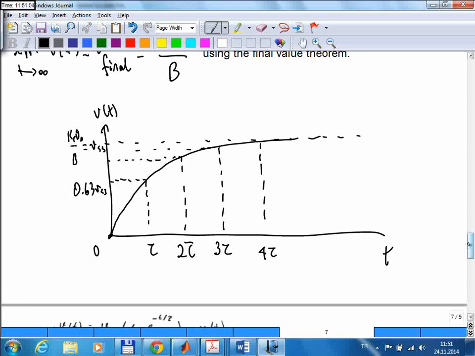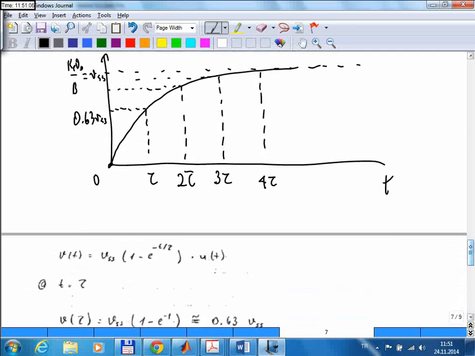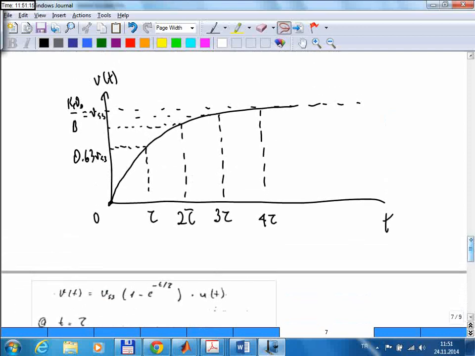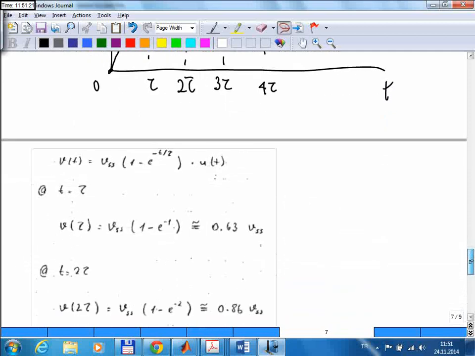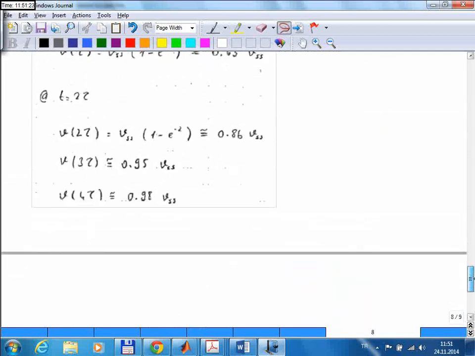Okay, so how fast the car accelerates depends on tau. This graph is in terms of tau. So I can see that the car reaches 98% of final speed in 4 tau values. Let's now consider some numerical values.